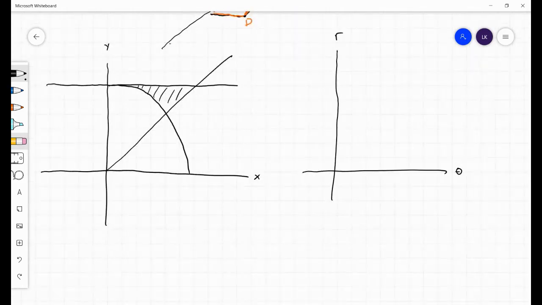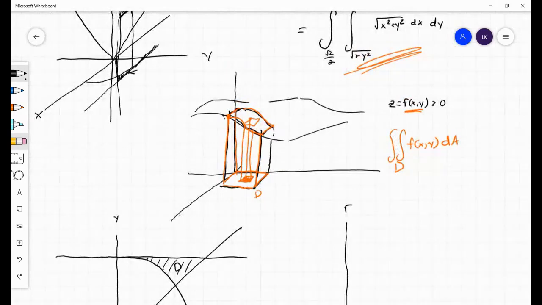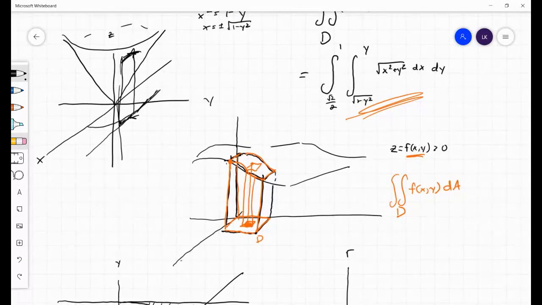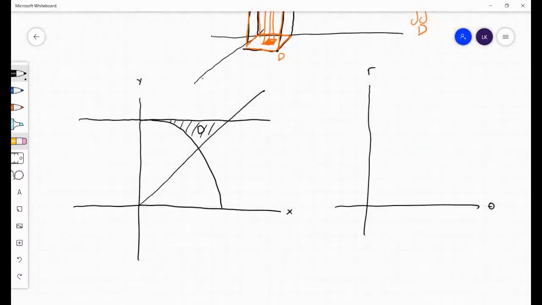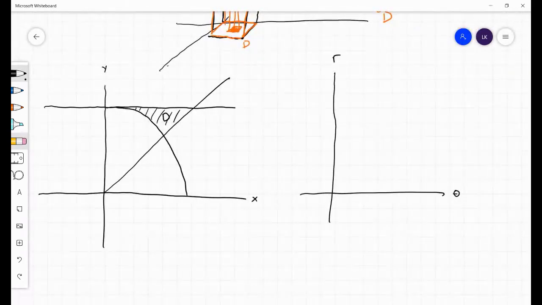And so if this is region D, we want a corresponding region D star. I'm thinking polar because, first of all, there's a square root of x squared plus y squared, which simplifies nicely in polar. And also, there's some sort of radial thing going on because of the circle. So what would the bounds for theta be if we did this in polar?